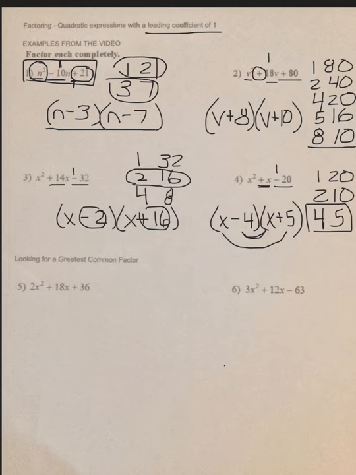Now, if we come down to a question that does have a leading coefficient, we're not focusing on any of the major stuff right now. So since I have a 2 out front of here, if I look, all of these are divisible by 2. So the first thing I'm going to do is factor out that 2. If we multiplied numbers in, it was multiplication.